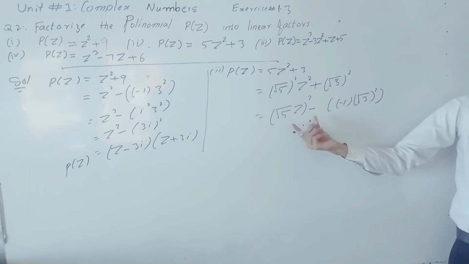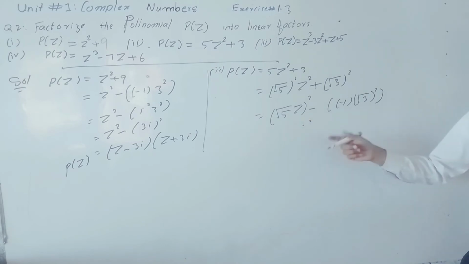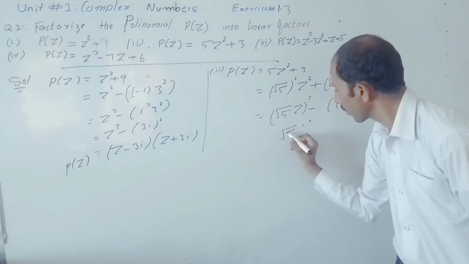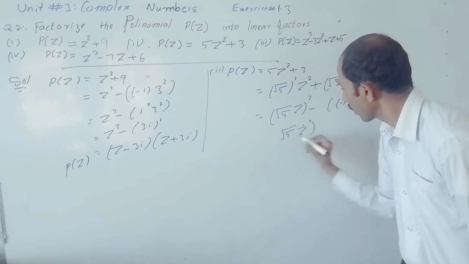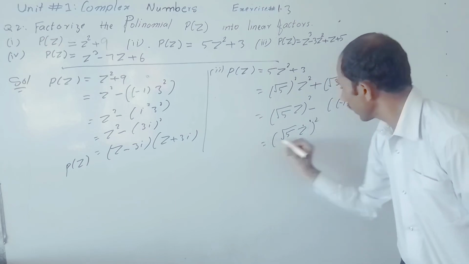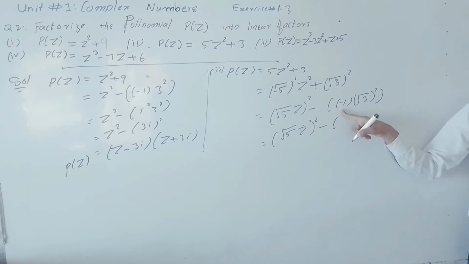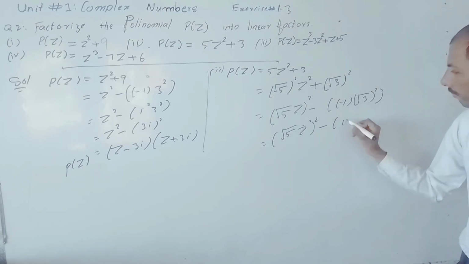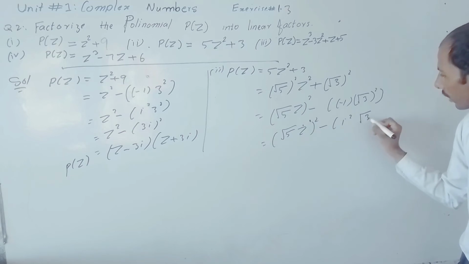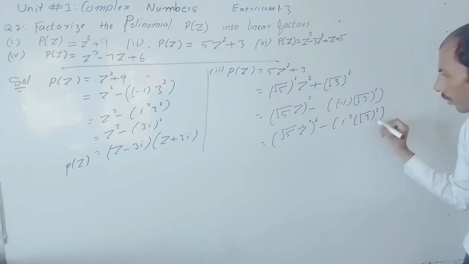So next, under root of 5 into z whole square is equal to minus into iota square, minus 1 is equal to iota square, under root of 3 whole square.